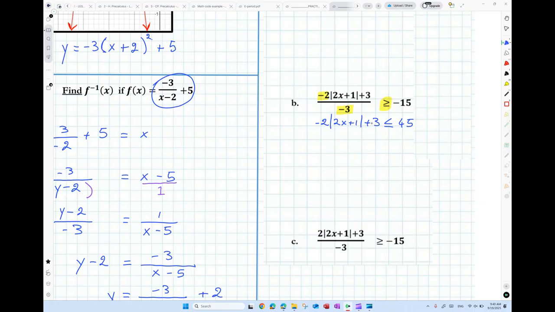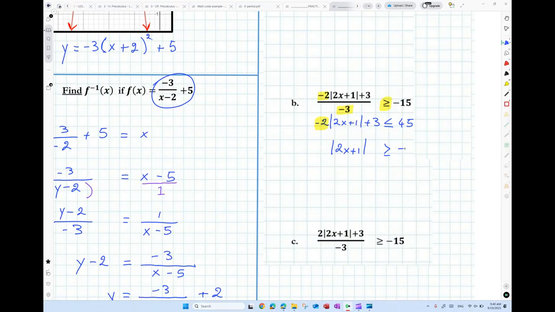Then I'm going to cross over the addition of 3 and the multiplication by -2. I will therefore have absolute value of 2x plus 1. So I'm going to flip back the inequality because I'm crossing over a multiplication by a negative number.